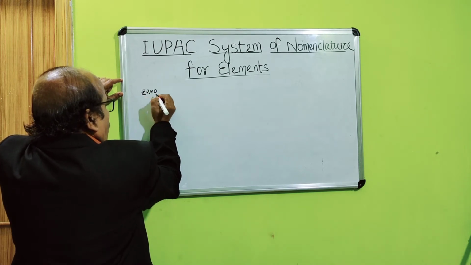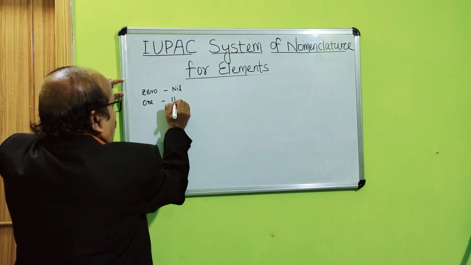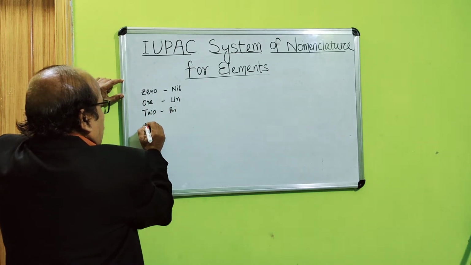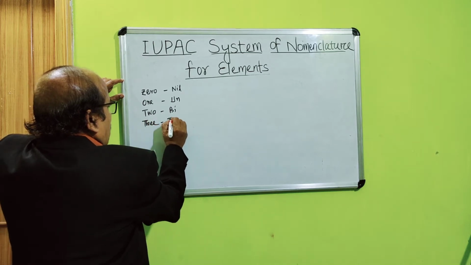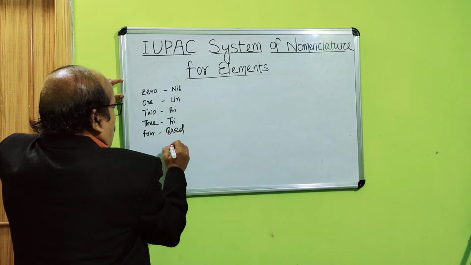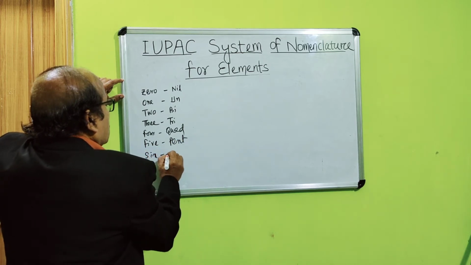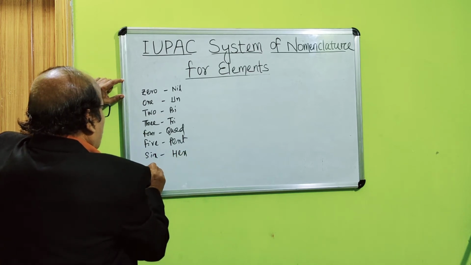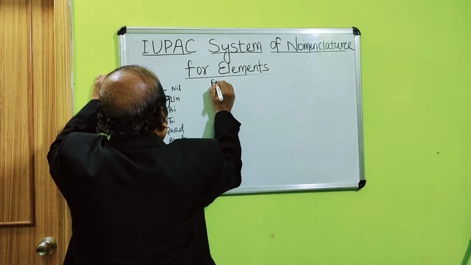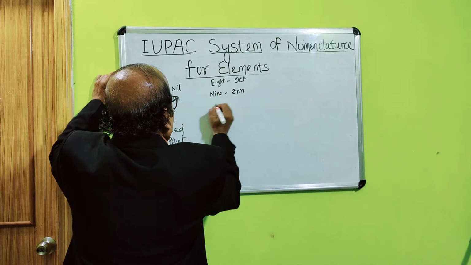0 to be written as nil, 1 as un, 2 as bi, 3 as tri, 4 as quad, 5 as pent, 6 as hex, 7 as sept, 8 as oct, 9 as enn.